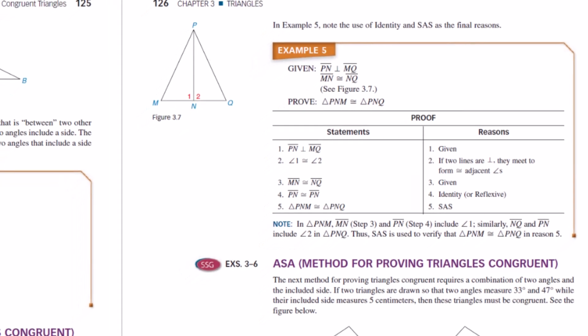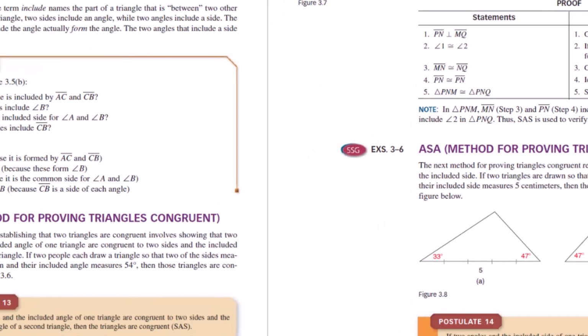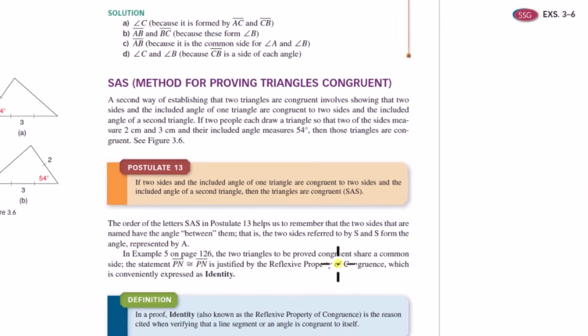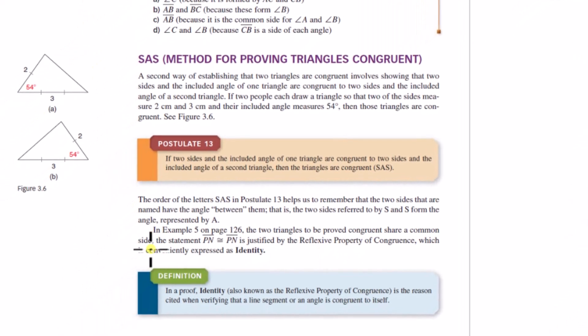So if we come back here, those two triangles share a common side in that example, and the statement you're making is that segment PN is congruent to segment PN, which is justified by the reflexive property of congruence, stating that something is equal or congruent to itself, which is conventionally expressed as identity.